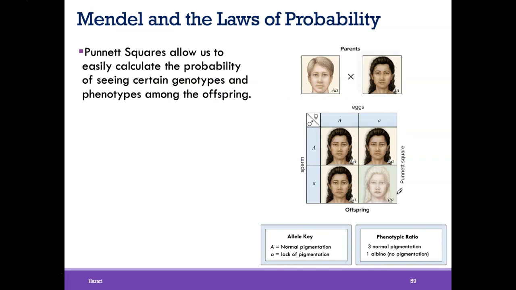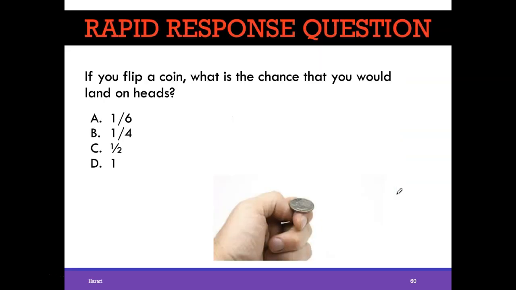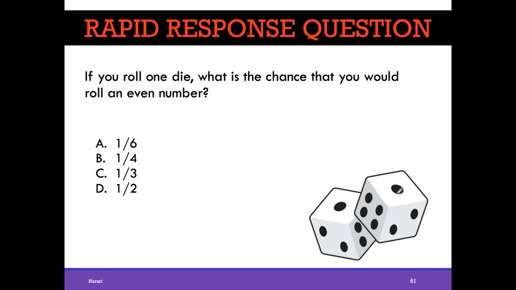We can also use the laws of probability to help us a little bit when we have some of these kinds of genetics problems. So let's review some probability basics before continuing on. If you flip a coin, what is the chance that you land on heads? Right, so hopefully you said C, 50%, or 1/2. If you roll 1 die, what is the chance that you would roll an even number?